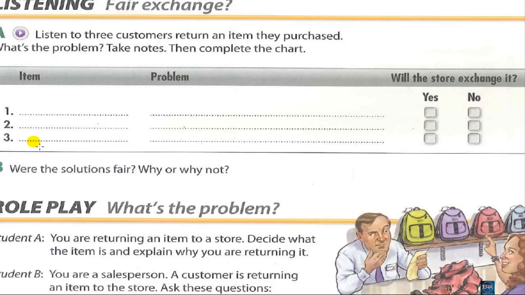I usually wash my clothes in hot water, so I guess hot. Well, did you check the washing instructions? Maybe not. Well, you see here on this label, it says wash in cold water only. So I'm really sorry, but since you didn't follow the washing instructions, I can't really do anything for you.